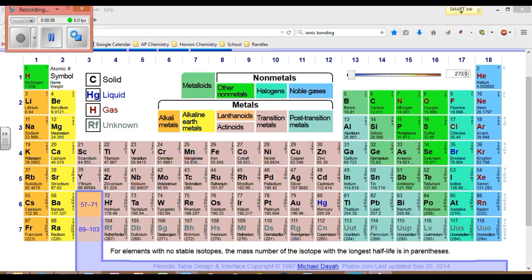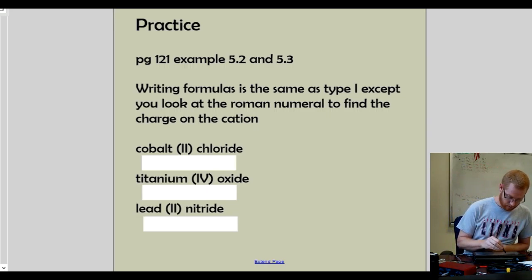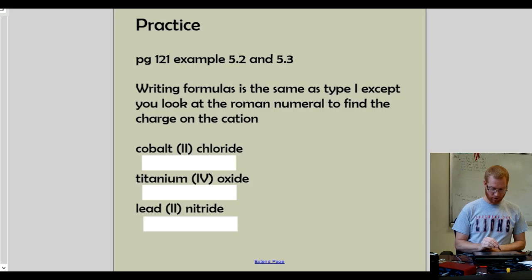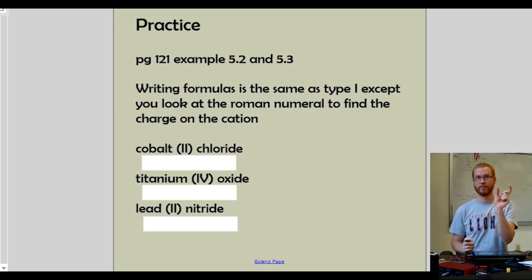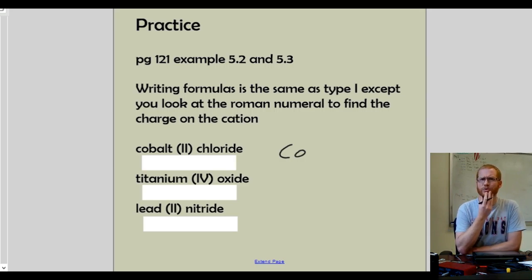Now, let's go the other way. The other way should be simple because you've already done it. Cobalt 2 chloride. Again, write the symbol of the cation with its charge, anion with its charge, switch them. Okay, nice thing is cobalt can have multiple charges.